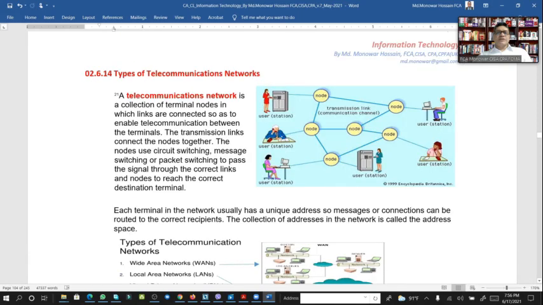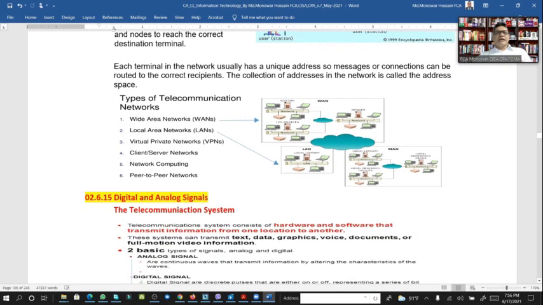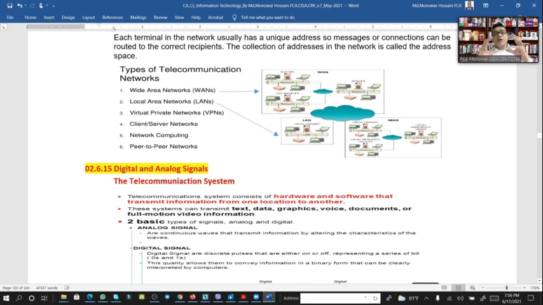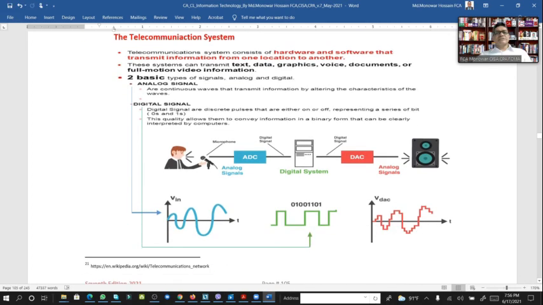We have seen the types of telecommunication networks: wide area network, local area network LAN, VPN, client-server, network computer, peer-to-peer, etc., and digital and analog signals.